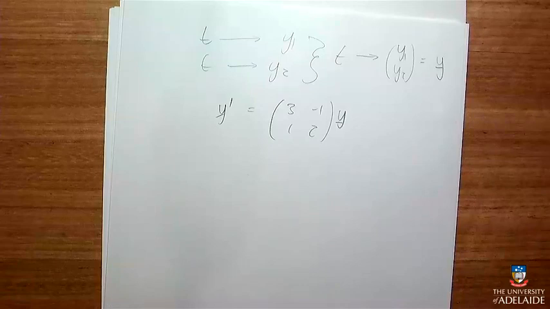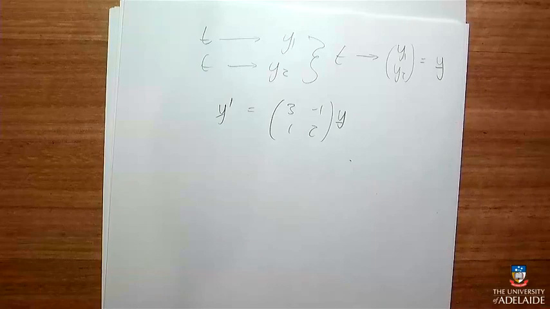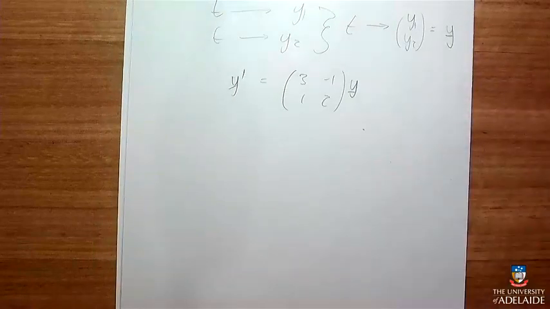So somehow we have to figure out how to do that. And the classic trick is to hope that my y is some sort of constant vector times e to the something.